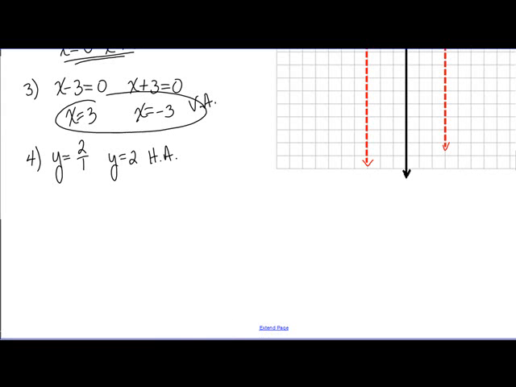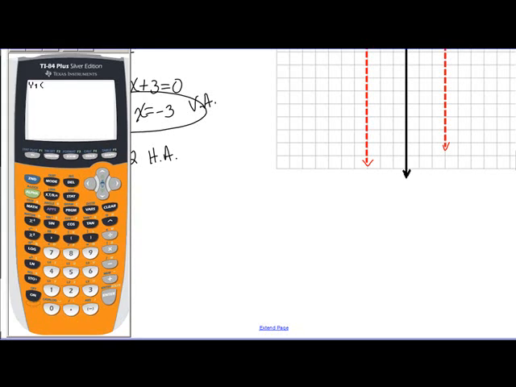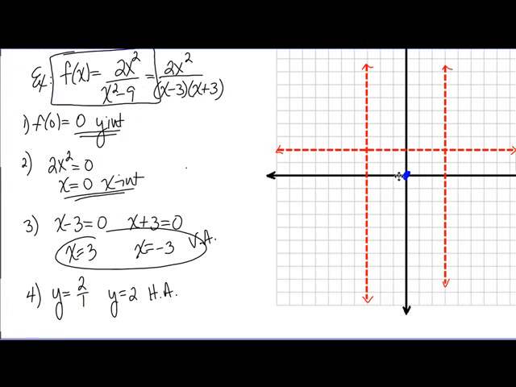I have already entered this function in y1, and now all I can do to make this easy is go back to the home screen and evaluate using correct function notation, y1 of... okay, now let's think about this. I'd like to know what's going on at negative 1 and negative 2 and at x equal positive 1 and positive 2. So negative 1.